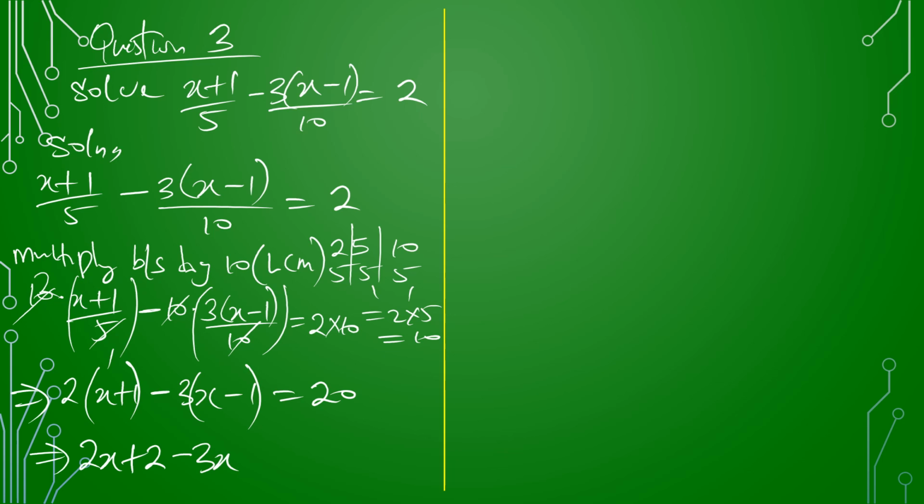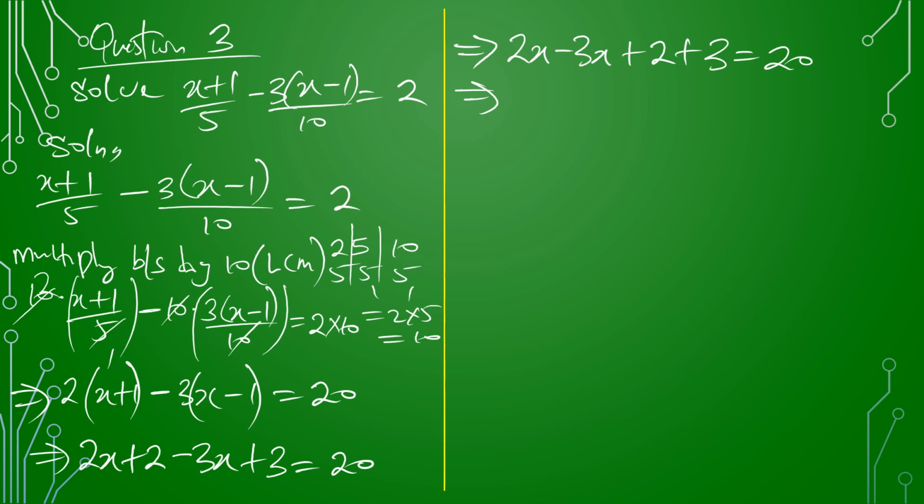Minus 3 times minus 1 is plus 3 as equal to 20. Now simplifying further, you have that 2x minus 3x plus 2 plus 3 as equal to 20. Now this gives minus x plus 5 is equal to 20.